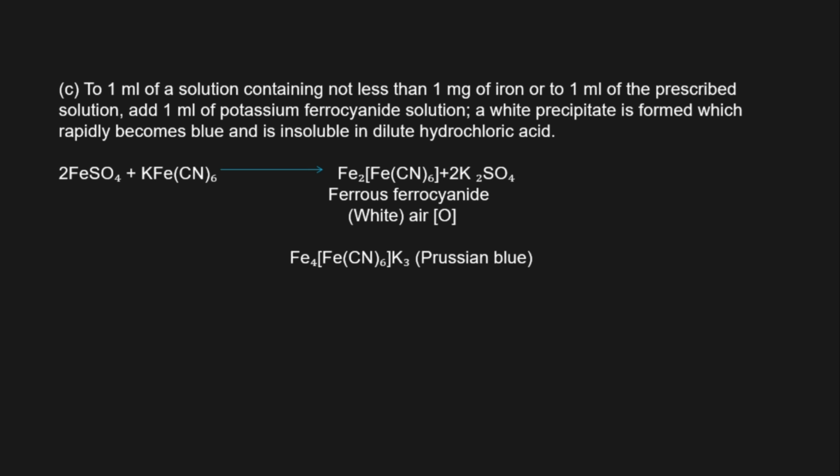The reaction for this method is as under. 2 molecules of ferrous sulfate react with potassium ferrocyanide solution, resulting in formation of ferrous ferrocyanide, which gives us the white precipitate, which when kept aside gets further oxidized due to oxygen of the air, resulting in the color change from white to blue, that is Persian blue.